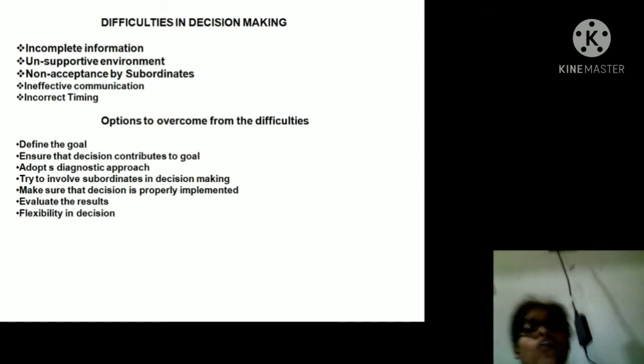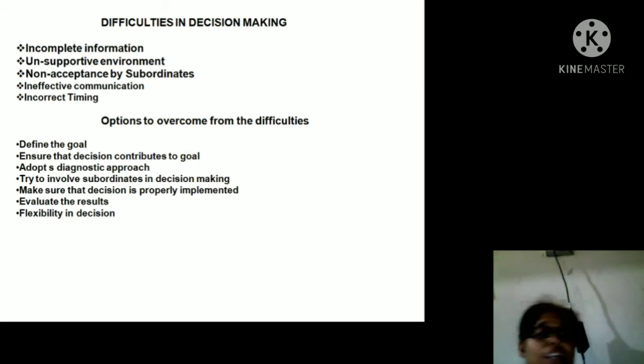So although there are these difficulties, managers should overcome them. Here coordination and cooperation among the top level, middle level, and lower level management is very much essential. So what are the options which are suggested? These are: define the goal. Goals and objectives must be defined properly to overcome the difficulties.